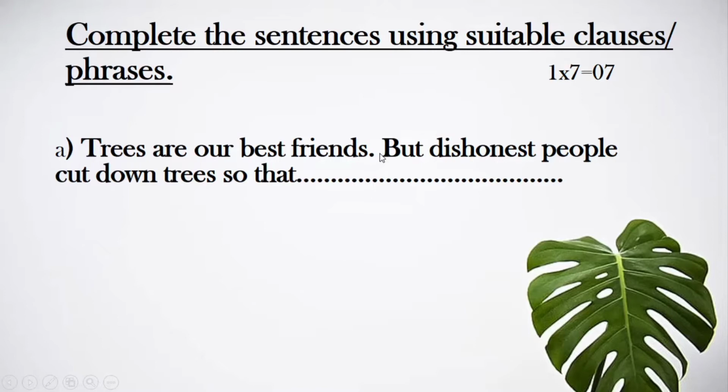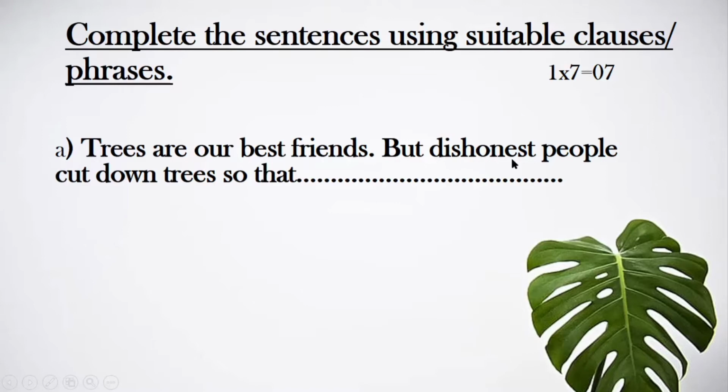But the next sentence says, but dishonest people cut down trees so that. So we have to say something which is relevant to cutting down trees. And dishonest people cut down trees for what? For getting more profit. But is there any grammatical rule that we need to follow?